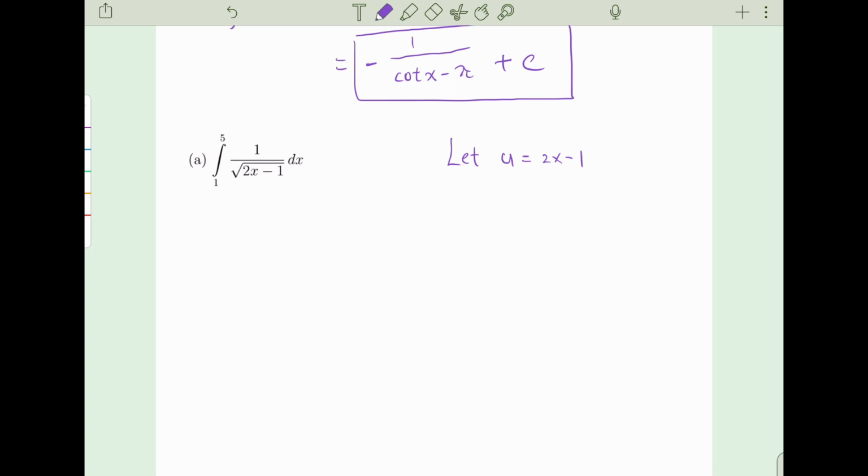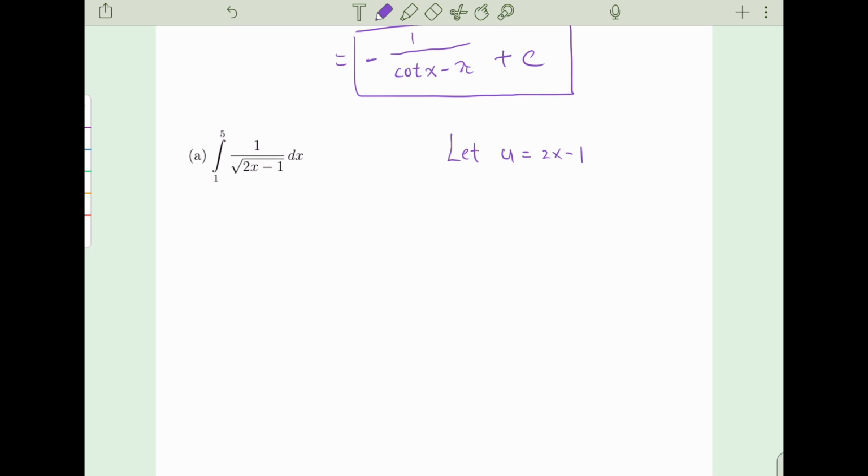We need to solve for x, so x now becomes u plus 1 divided by 2, and dx now becomes 1 over 2 du.